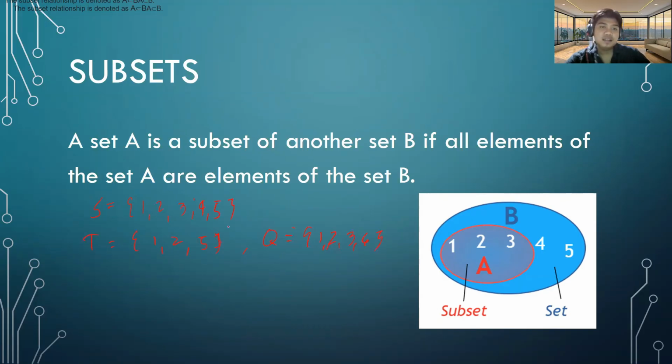As we can see, in set T we have 1, 2, and 5, and we can find those in set S. We have 1, 2, and 5. So all elements of set T are members of set S. So we can say that T is a subset of set S. Here in Q, if we notice, we have 1, 2, 3, and 6. We have 1, we have 2, we have 3, and we don't have 6 in set S.